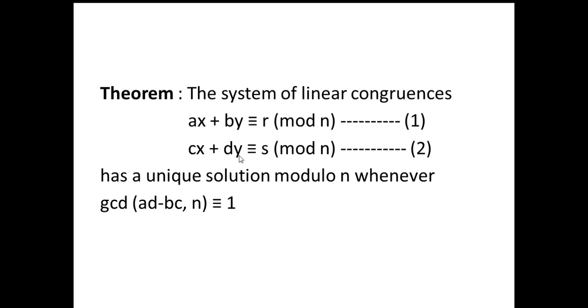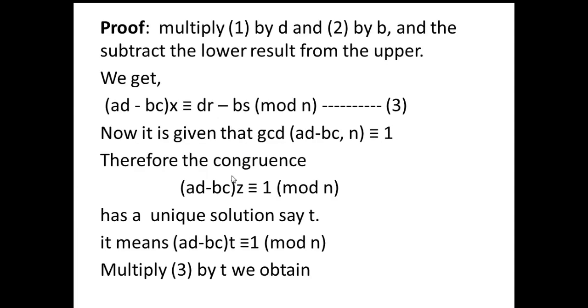So the y term will be cancelled, and we get ad minus bc into x is congruent to dr minus bs modulo n. Let us suppose this is equation 3. Now it is given that GCD of ad minus bc and n is 1. Therefore, by the single congruence condition, there is z such that ad minus bc times z is congruent to 1 modulo n.